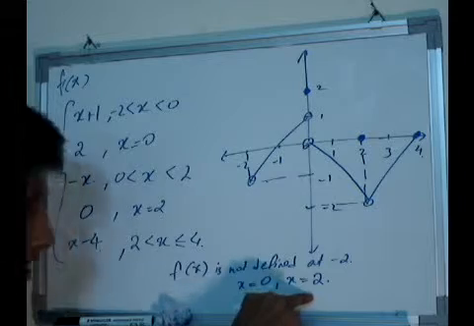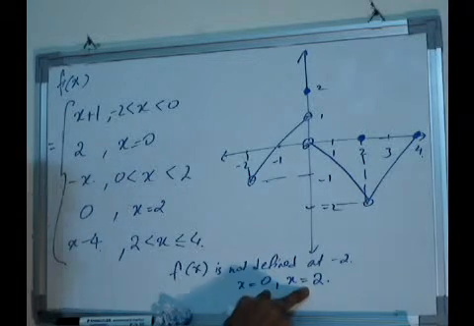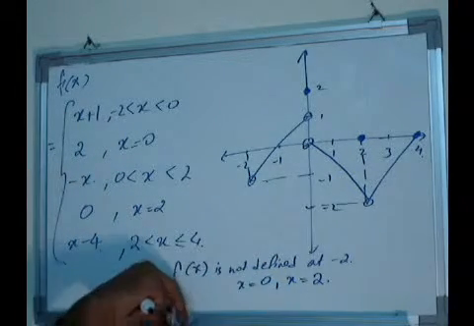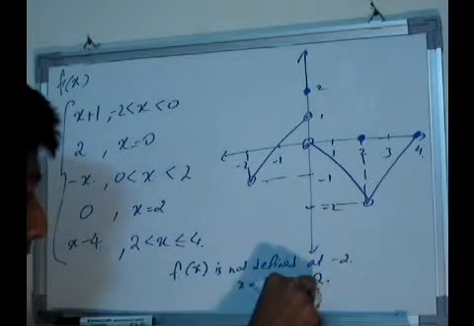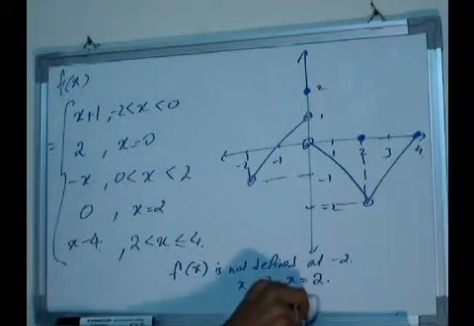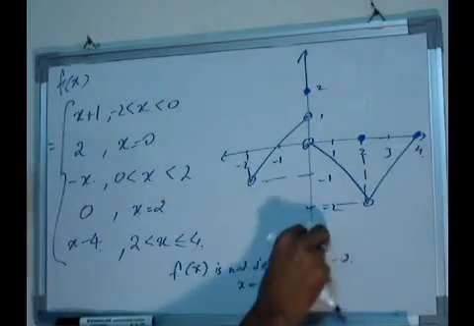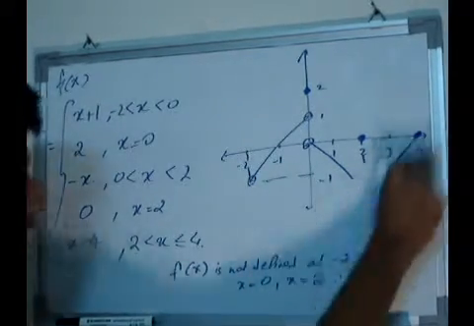Now the types of discontinuity over here are different, and I will explain the different types by using the concept of limits again. This graph is no longer needed.